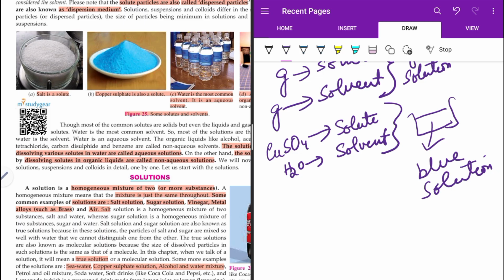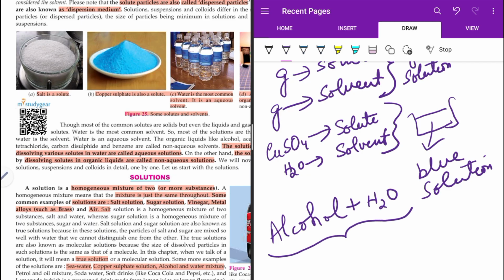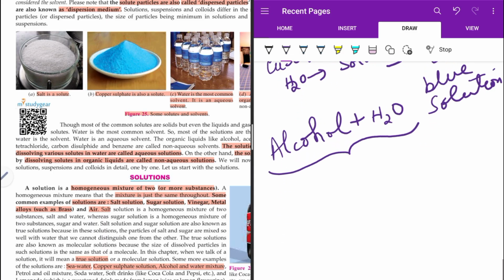Alcohol and water mixture again forms a homogeneous solution. Alcohol dissolves in all proportion in water. The reason you will study in class 12, on account of formation of intermolecular hydrogen bonding. If you are unable to understand it at the level of class 9, no need to worry.